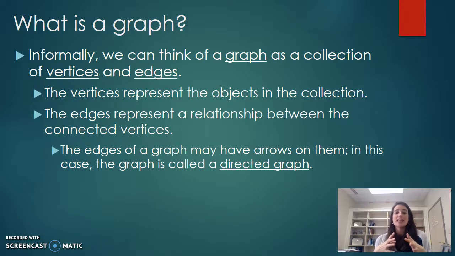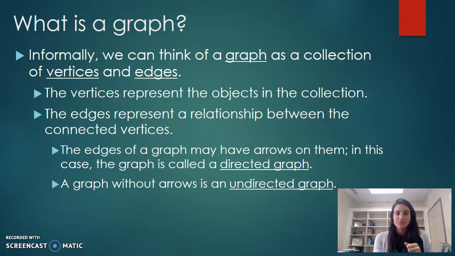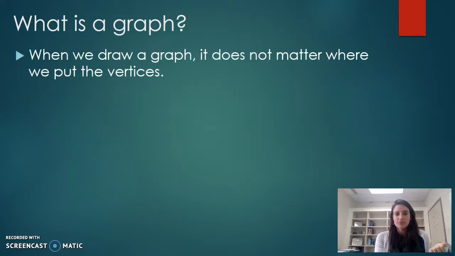If those edges have arrows on them, then we call the graph a directed graph. And a graph without arrows is called an undirected graph. So it is important to note that when we draw a graph, it doesn't matter at all where we put the vertices.